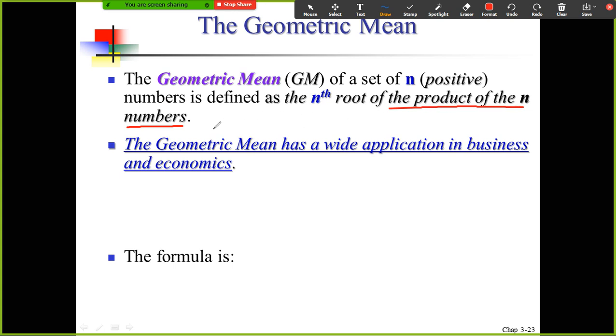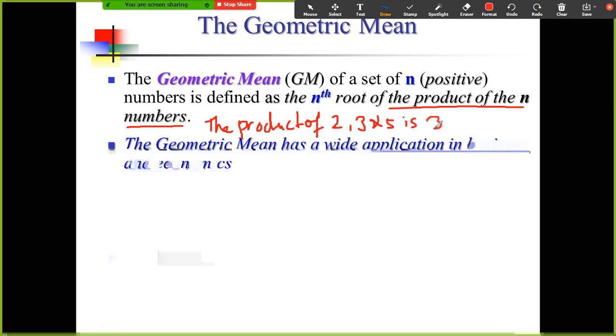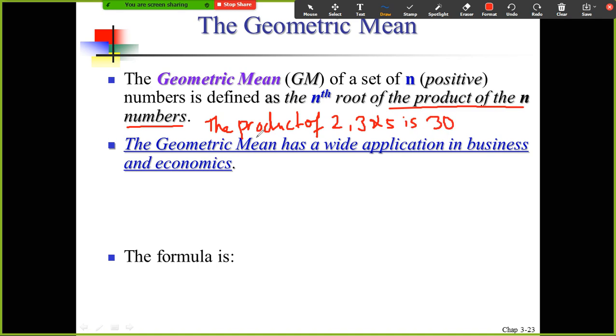For example, I can say the product of 2, 3 and 5 is 30. How to get this?